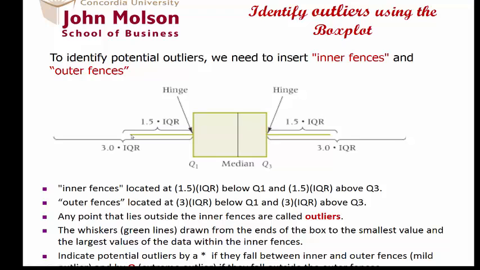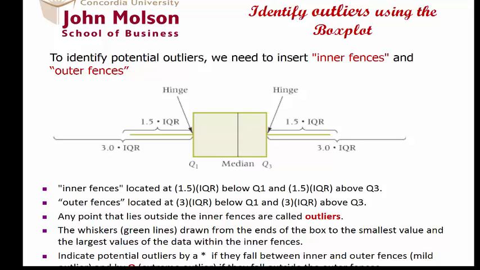I have to build what we call the inner fence. The inner fence will be located at 1.5 times the interquartile range from the box. We calculate our Q1 and Q3, which we needed to build the box, and we find our interquartile range.